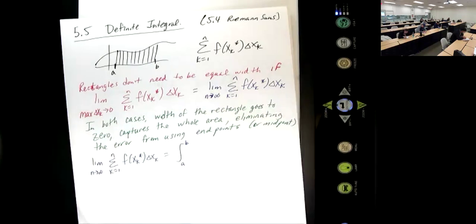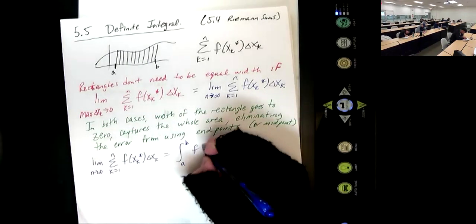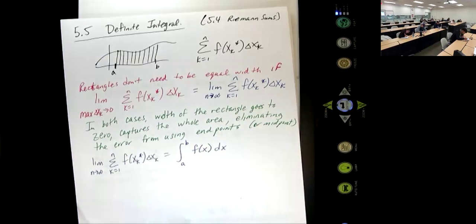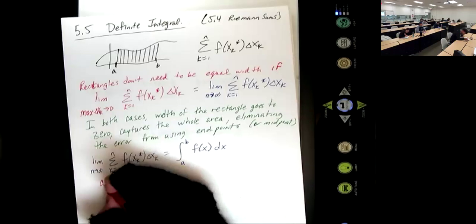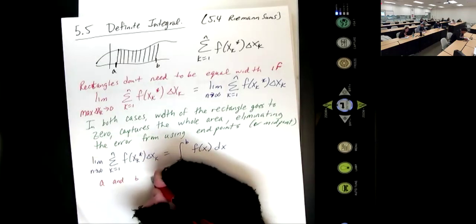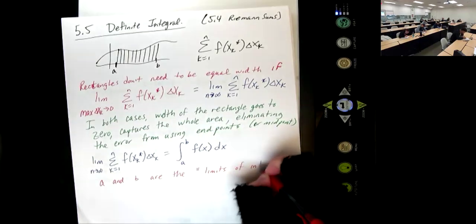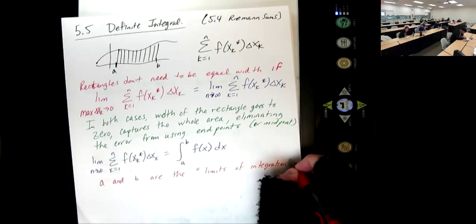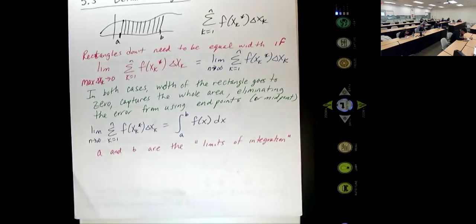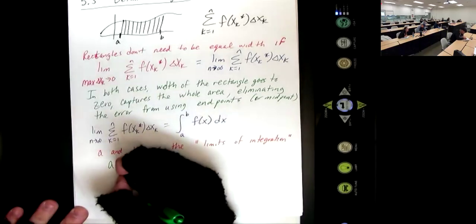But now we have limits of integration. A and B are called the limits of integration, where A is the lower limit or lower boundary.